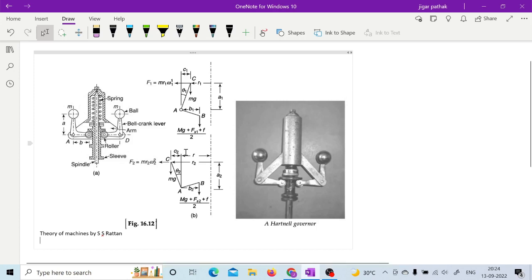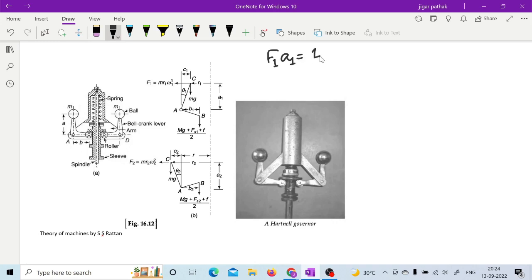If you again go for the equilibrium of moment, here you can consider equilibrium of moment around point A. If you write it for both cases, then F1 a1 is equal to one half, since we are again considering only half the portion, of mg plus fs1 plus f into b1, plus mg c1.